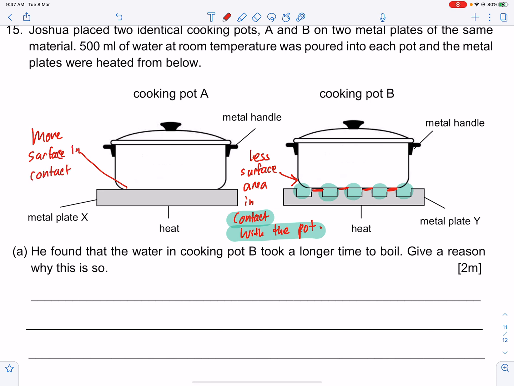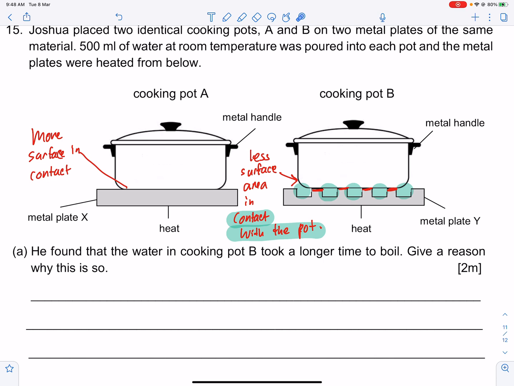Right? So when you think about it, since there's more surface area in contact with the heating plate, there is also a greater surface for heat to be conducted from your metal plate to your pot A as compared to pot B.